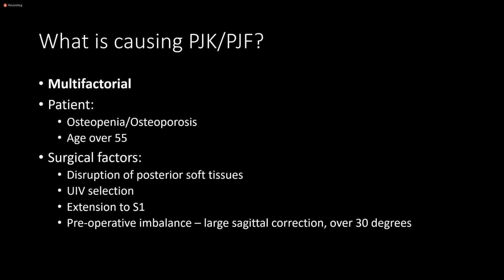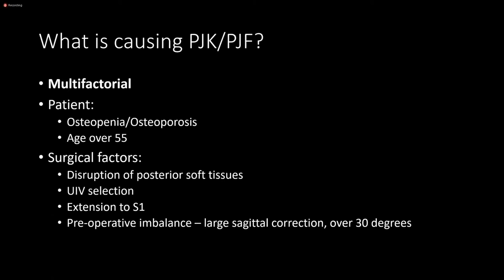And then there are tons of papers showing that if you extend the fusion to S1, then the PJK risk increases by at least about 50%. But unfortunately for our patients, if they come in with lumbar degenerative scoliosis and sagittal imbalance, most of the patients need to have fusion go down to S1.